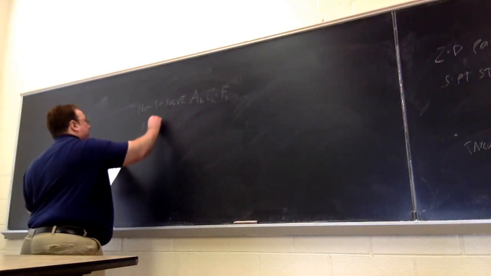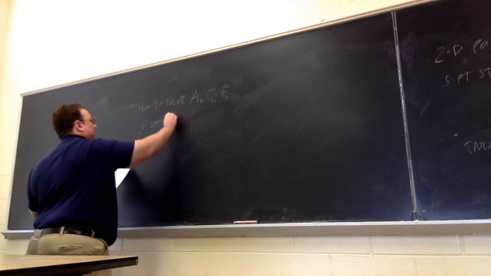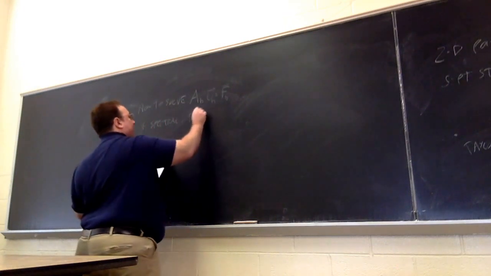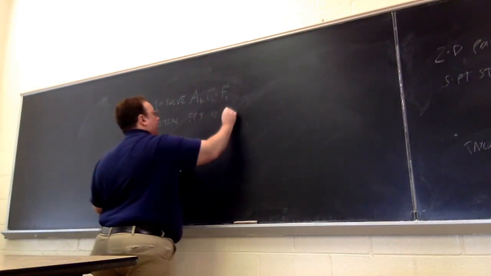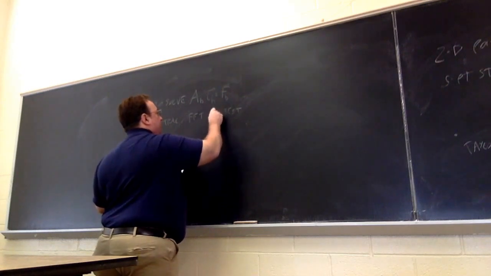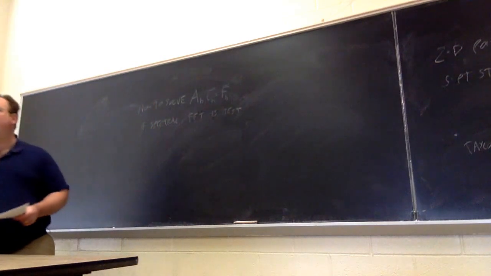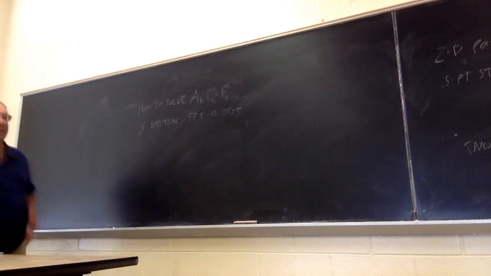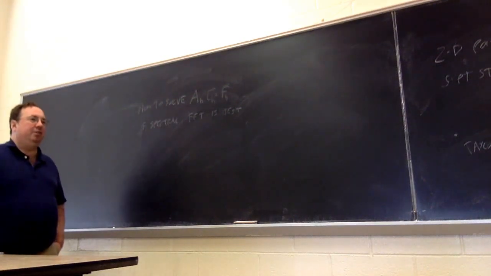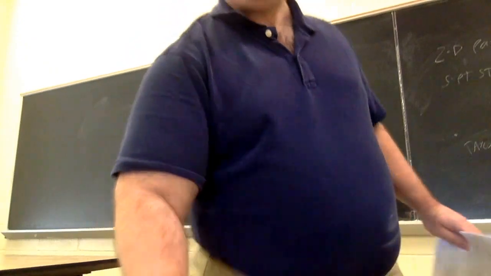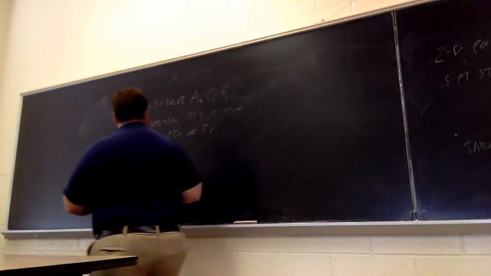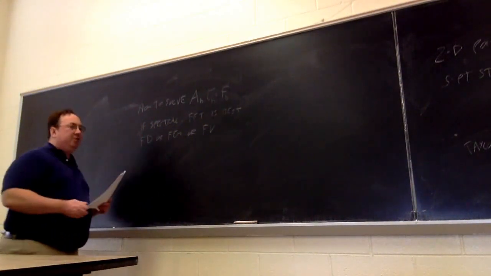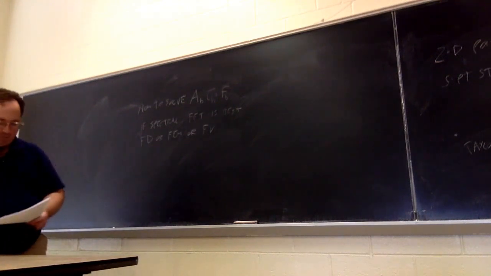Now, if it's spectral, generally the FFT is the best way to go, even if it's Chebyshev, because you can use the FFT because of the close relationship between the Chebyshev polynomials and cosines. Okay, so if it's finite difference or finite element or finite volume, which is good for advection equations especially.